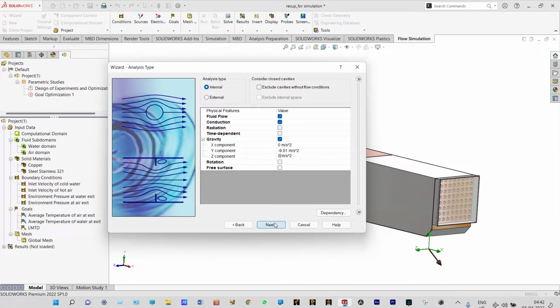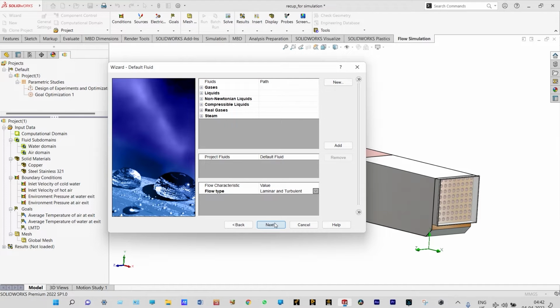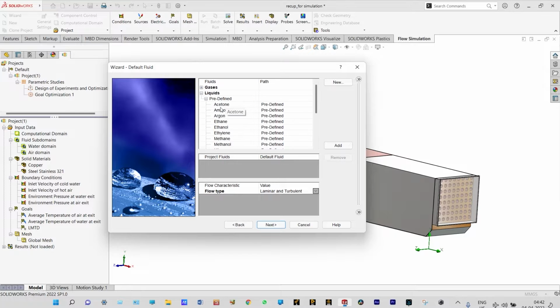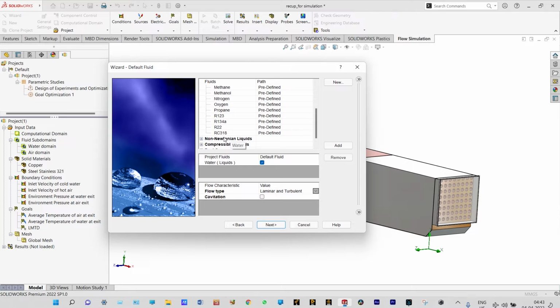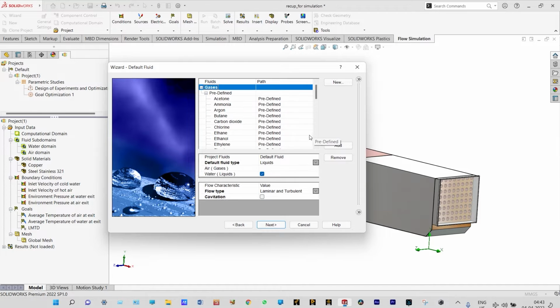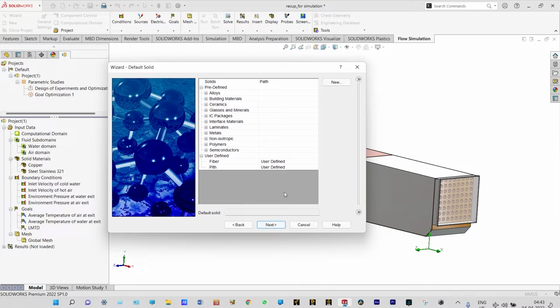Done. Next to that, we need to select fluids. In this case we are considering two different fluids, water and air. So let's select water from here, and the second fluid will be air. Next to that, we need to select materials.